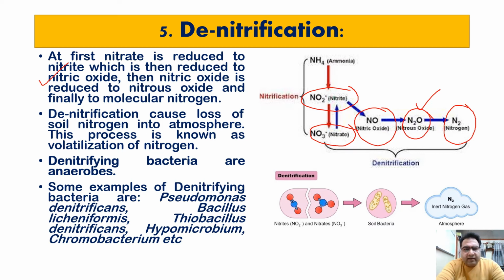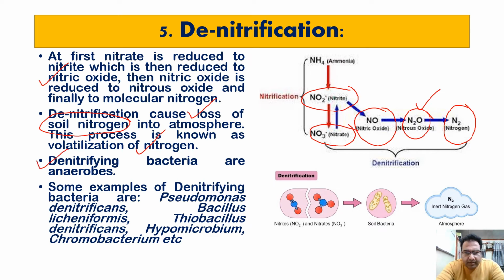This denitrification causes loss of soil nitrogen into the atmosphere. So this process is responsible for the loss of nitrogen from soil into the atmosphere. This process is called volatilization of nitrogen. Denitrifying bacteria are basically anaerobes.